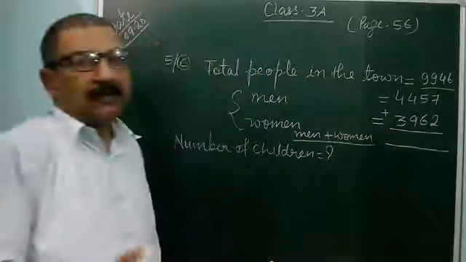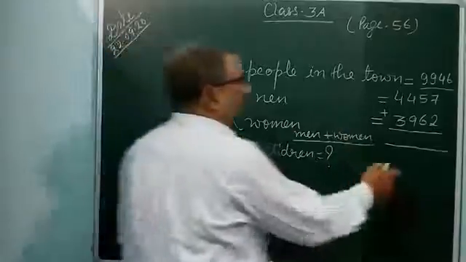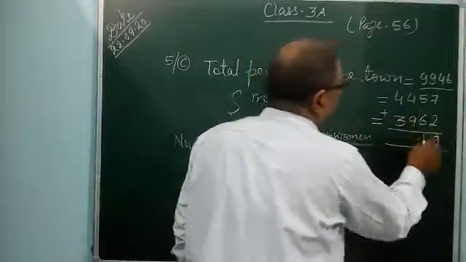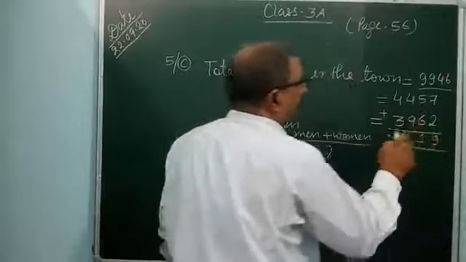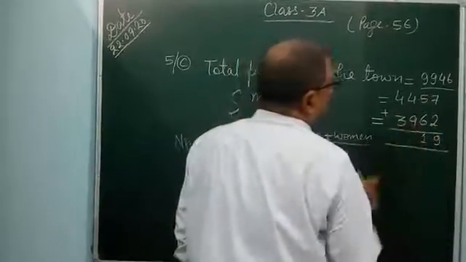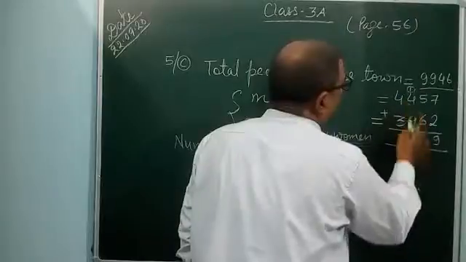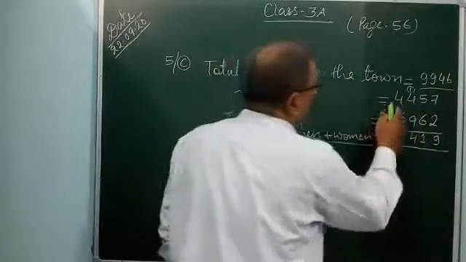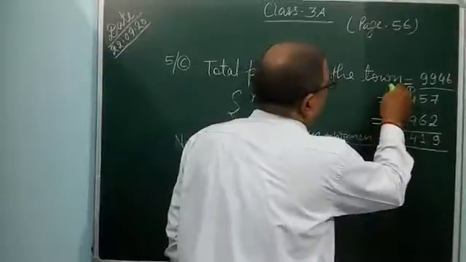You can take the sum: 7 and 2, 9, 6 and 5, 11, 1 carry, 9 and 4, 13 and 1, 14, 4, 1 carry, 4 and 3, 7 and 1, 8.